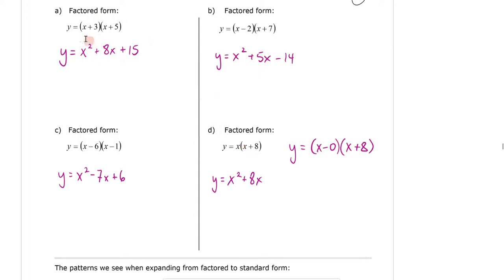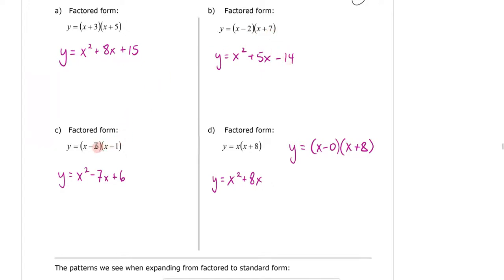Now, you may notice that if I took the positive 3 and positive 5 in part A and added them together, I would get 8. If I multiply them together, I would get 15. If I took negative 2 and positive 7 and added them, I get positive 5. If I multiply negative 2 and positive 7, I would get negative 14.